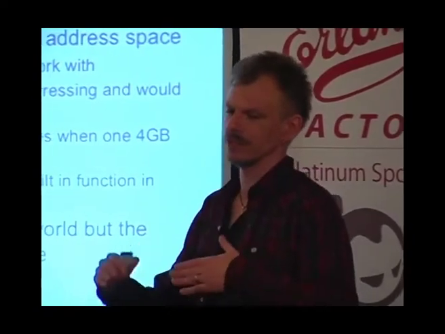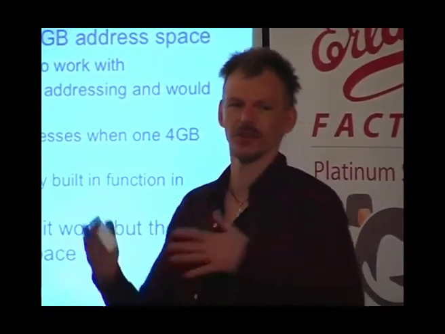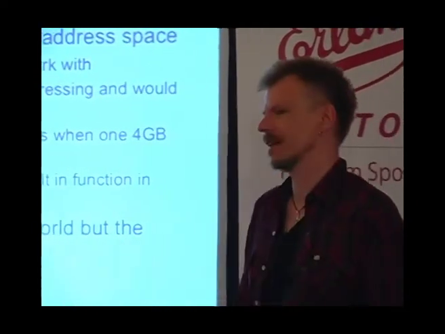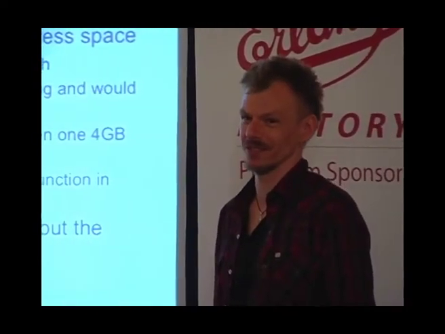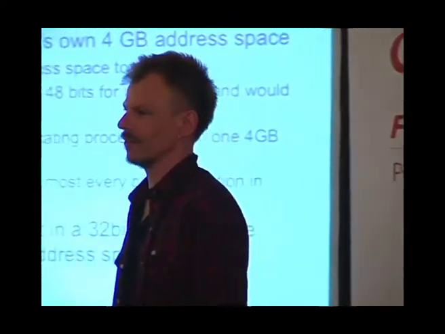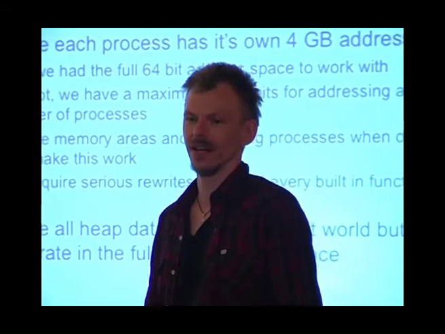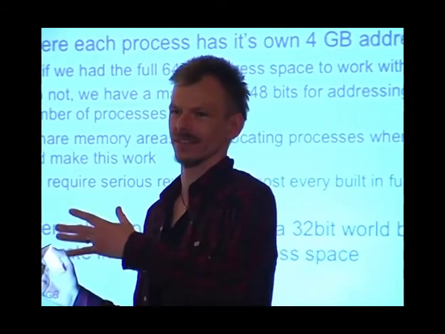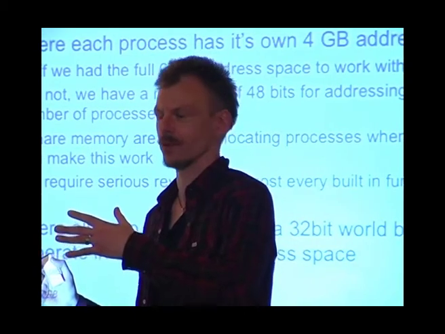But we could do things with that, like share segments and then move processes and so on. And that might be a future solution. But the simplest solution, and one that fits a lot of situations, is to simply say, okay, let's pretend this is a 32-bit machine when it comes to processes.